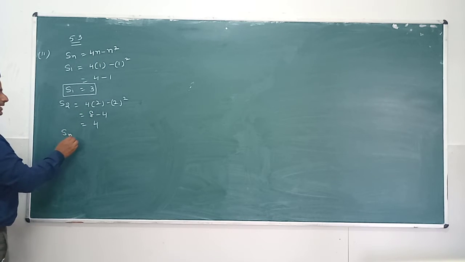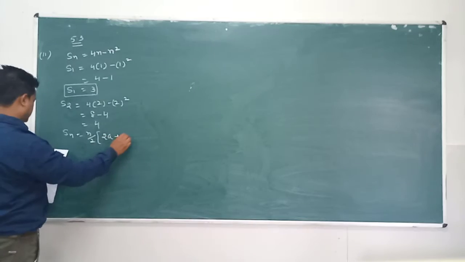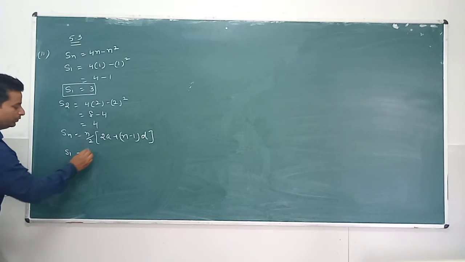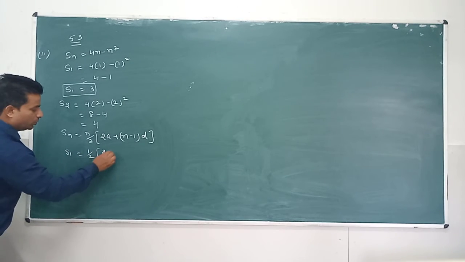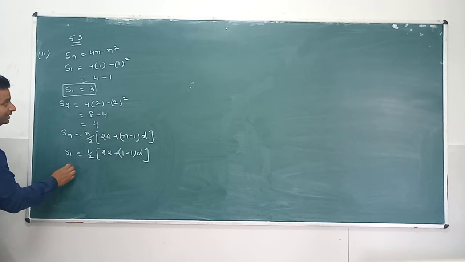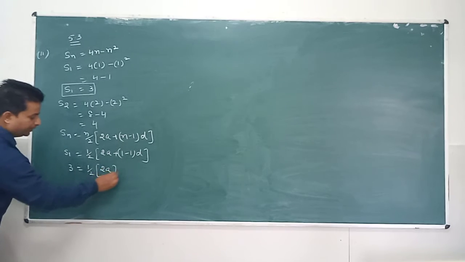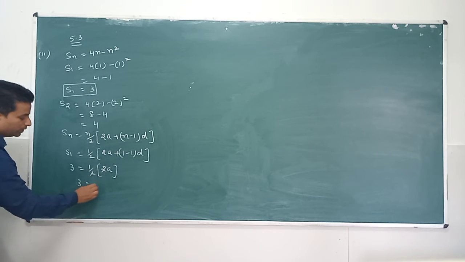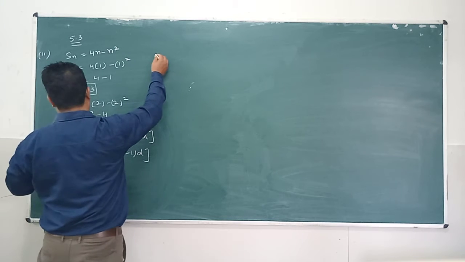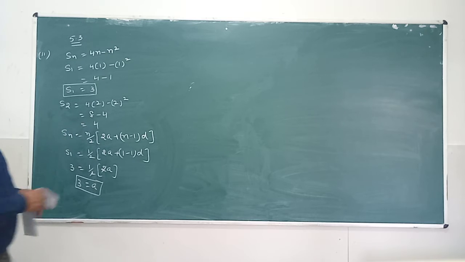And the formula of Sn is n upon 2 into 2a plus n minus 1 into d. When we put n is equal to 1, this is 1 upon 2 into 2a plus 1 minus 1 into d. So S1 is 3, this is 1 upon 2, this is 0, 2a. This cancels out, so a is equal to 3. And we find the sum of two terms. Here the sum of two terms is S2. S2 equals 4.